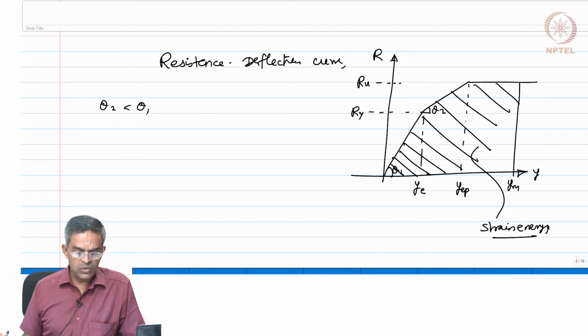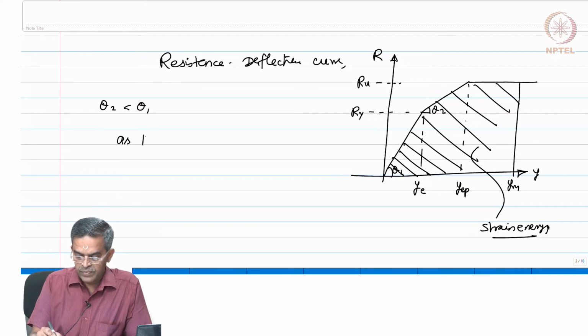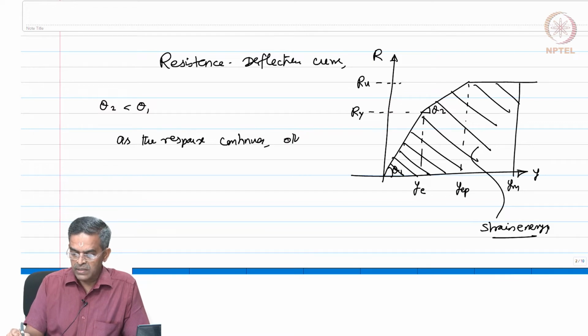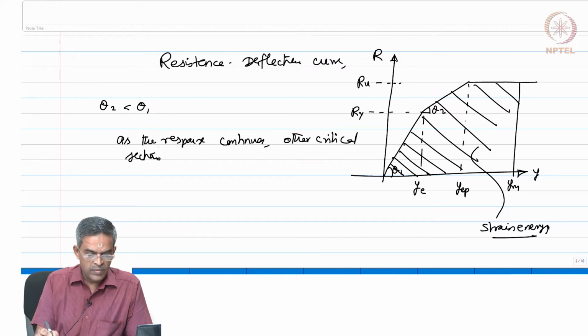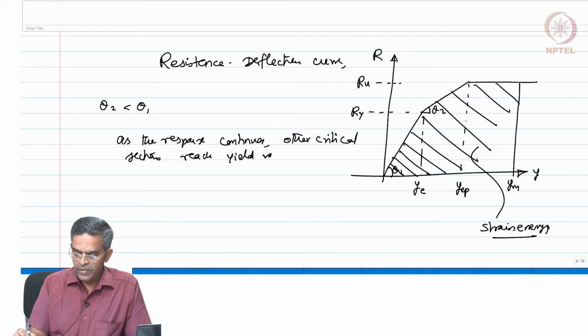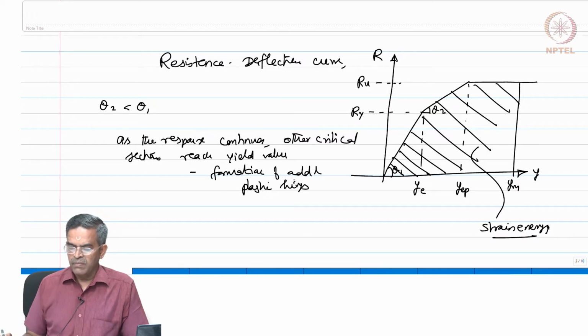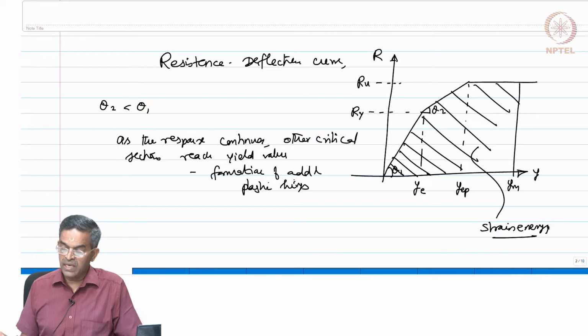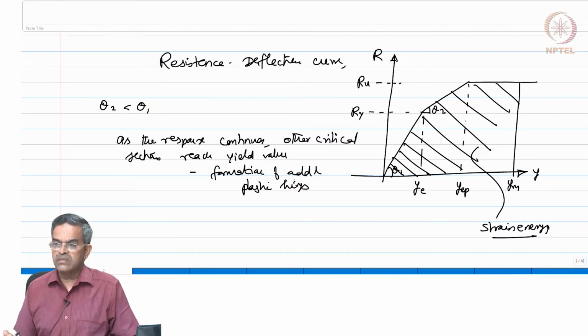As the response continues, other critical sections reach yield value, and that will cause formation of additional plastic hinges. We will talk about this procedure much in detail in the next module on plastic design, but we are now talking about the resistance deflection curve.